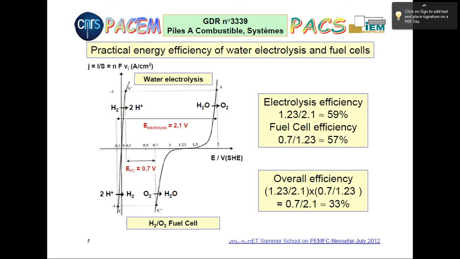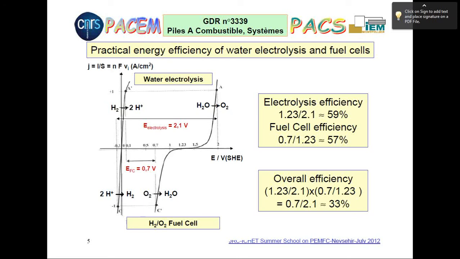For the fuel cells, you take the same ratio, I mean, the cell voltage versus the standard cell voltage, so it gives you 57%. If you think about hydrogen, oxygen, water systems as storage of energy, I mean, you decompose water by solar photovoltaic, etc., you store hydrogen, then you use it in the fuel cells. It's like a secondary battery. The efficiency is very poor. So the overall efficiency is, you see the figure, 33%.